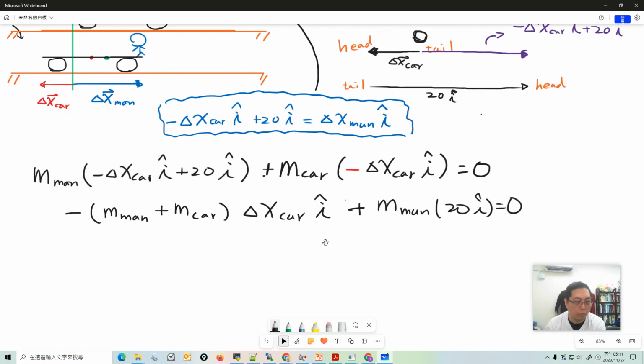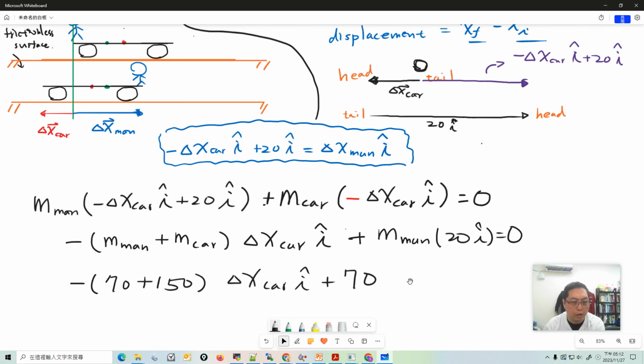The man is 70 kilograms, the car is 150, as I remember. So m car plus m man, 70 kilograms, delta x car i, plus m man times 20 i, equal to 0.